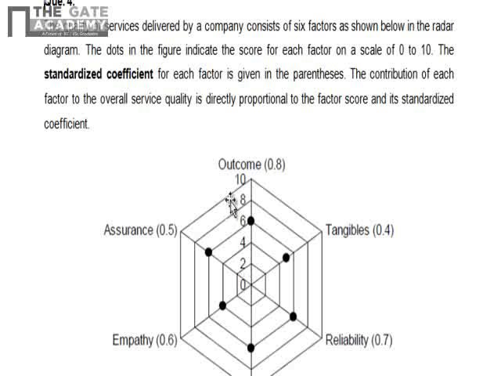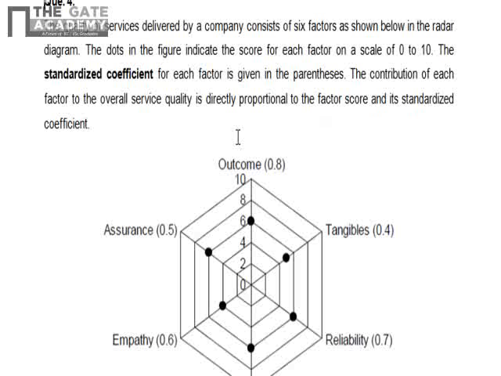That means this total line is of 10. This is of 8. Okay, the standardized coefficient for each factor is given in the parenthesis. You can take this as a weightage. Okay, outcome has a coefficient of 0.8, tangible has a coefficient of 0.4, and so on.